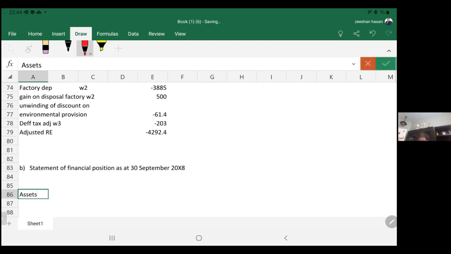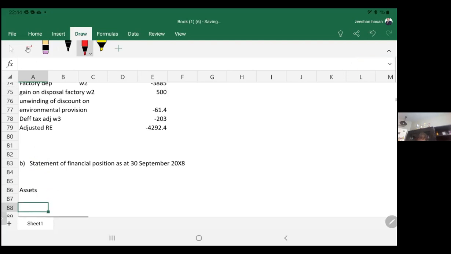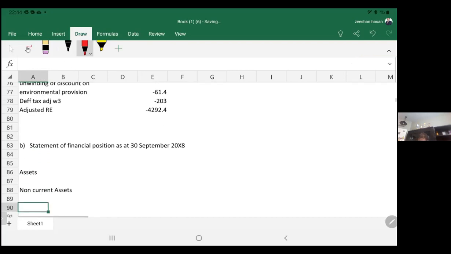Here are the assets, non-current assets, property, plant, and equipment. As per our working group, was 33,515.